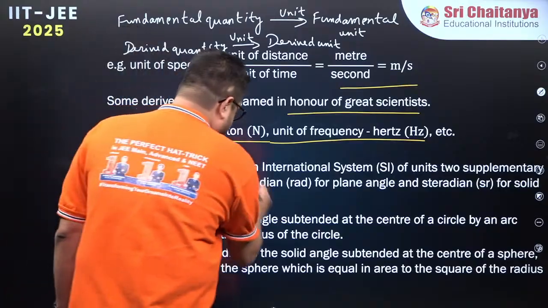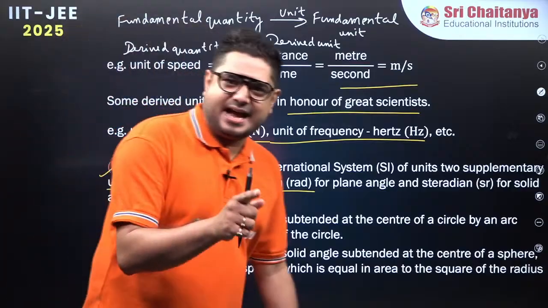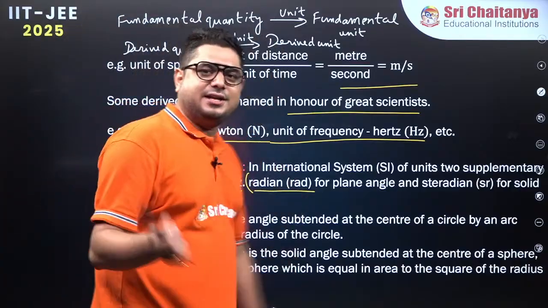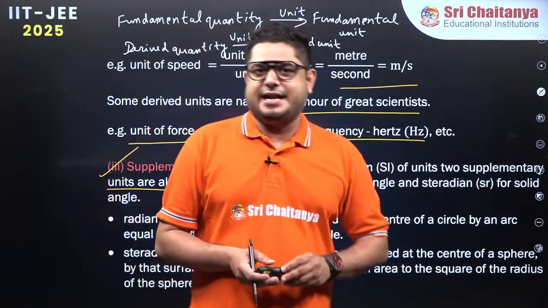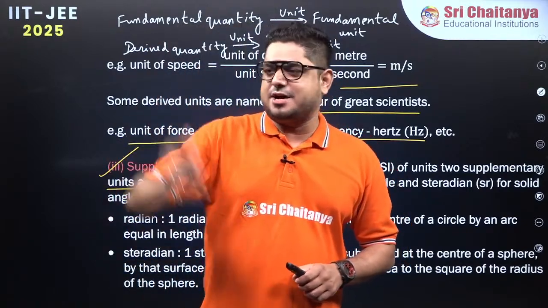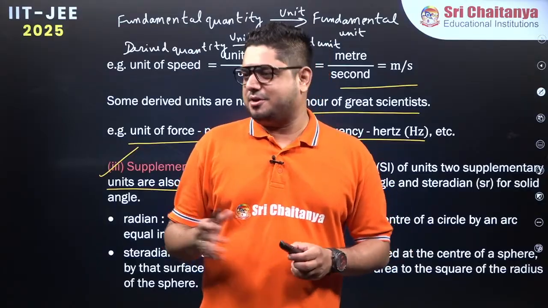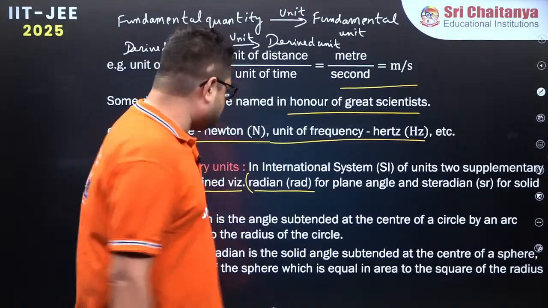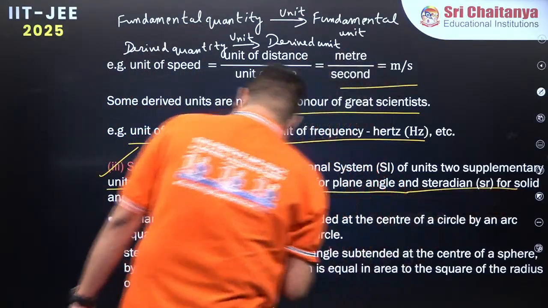For example, radian is the unit of plane angle, which we have already discussed while teaching basic mathematics. Those who can recall radians can give a thumbs up, everyone. So radian is for plane angle and steradian is for solid angle.